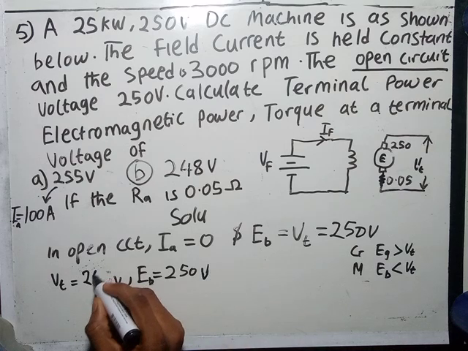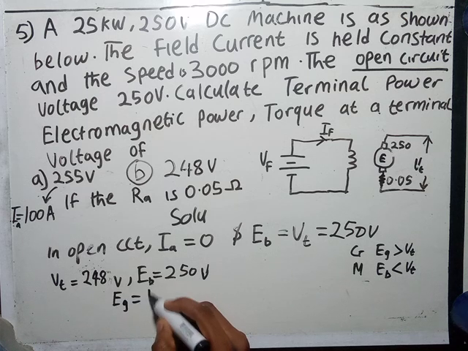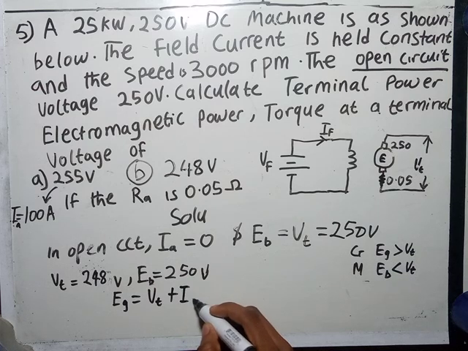Here we have 248. Okay, so using the generator's equation, we have Eg is equal to Vt plus Ia Ra.